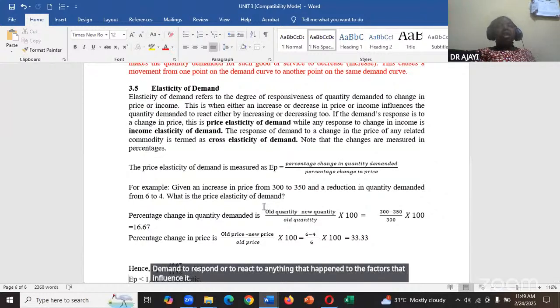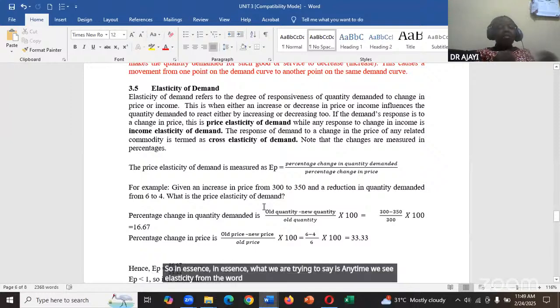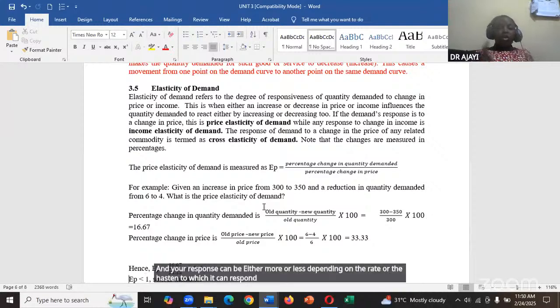In essence, from the word elasticity, it simply means it can respond. And the response can be either more or less, depending on the extent to which it can respond. So the concept of elasticity itself is just the tendency for something to respond.